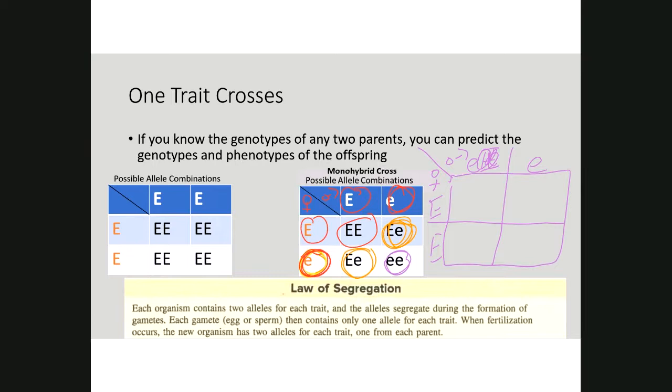You can pause the video and do it yourselves and compare the answers. So the result would be everybody's going to be a heterozygote, right? What's the phenotype for all the offspring? The phenotype for all the offspring is going to be the dominant condition of unattached earlobes.